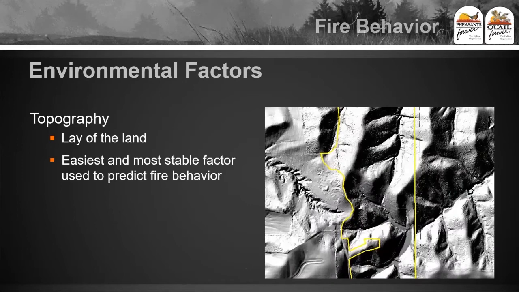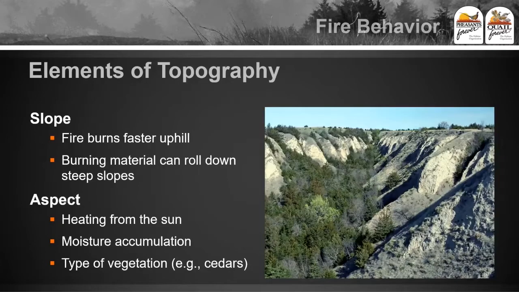Topography obviously is going to be our most stable factor, right? It's not going to change. We can manipulate topography to some extent, right? If you've got a dozer, we can manipulate the topography a little bit, putting in different access points and stuff like that. But in general, topography is not going to change.